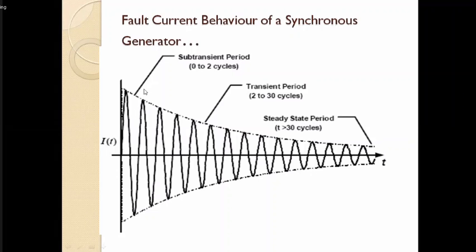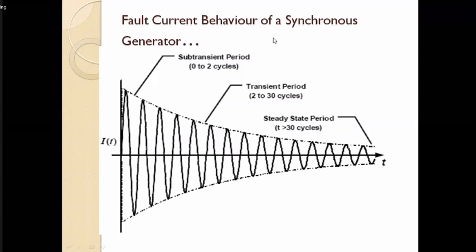Then from 2 cycles to 30 cycles, we have the transient period. It's transiting from one state to the other. It's a movement. That's what we call transient.